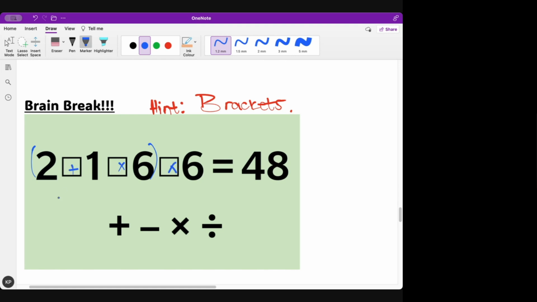Okay, 2 plus 1 is equal to 3 times 6 is 18. 18 times 6 is definitely more than 48. So that's too high. Let's try again. Remember BODMAS.